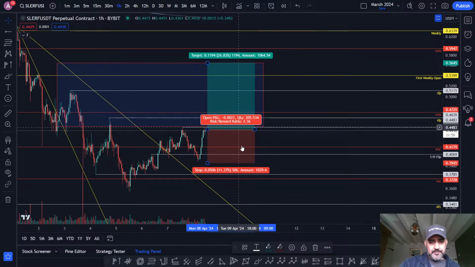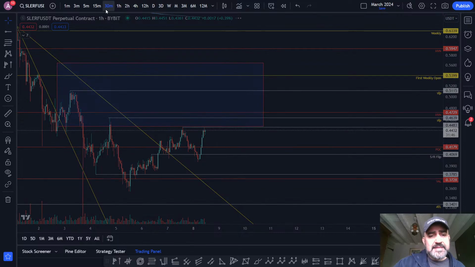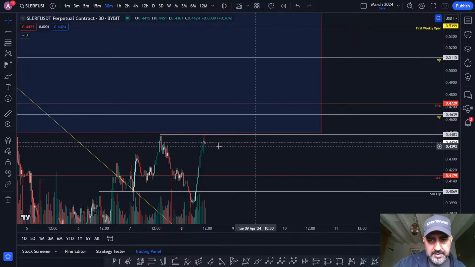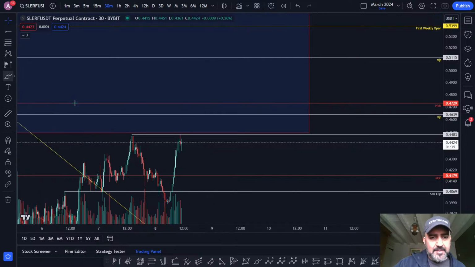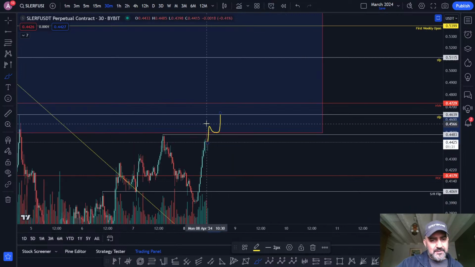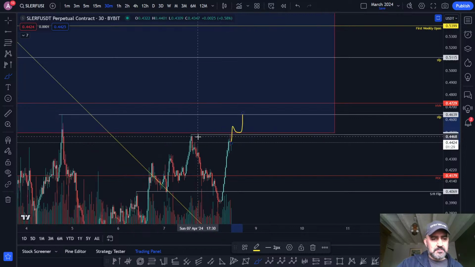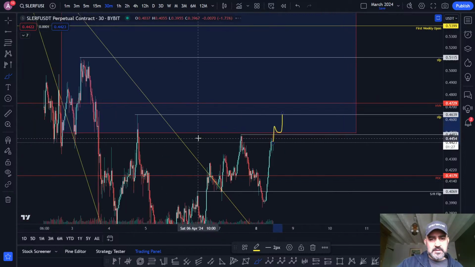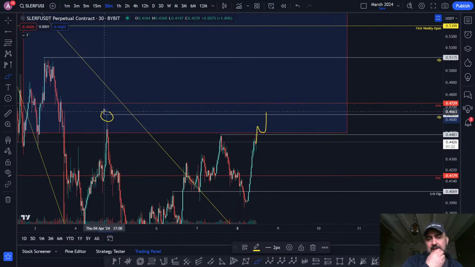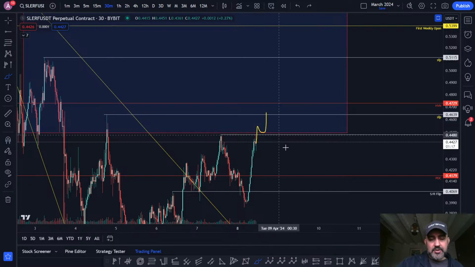So I think it is possible to enter now, but what you want to see now is a little flip of that high. If we can go up and flip that level into support, and then maybe push up to squeeze this pivot, you could have an entry.